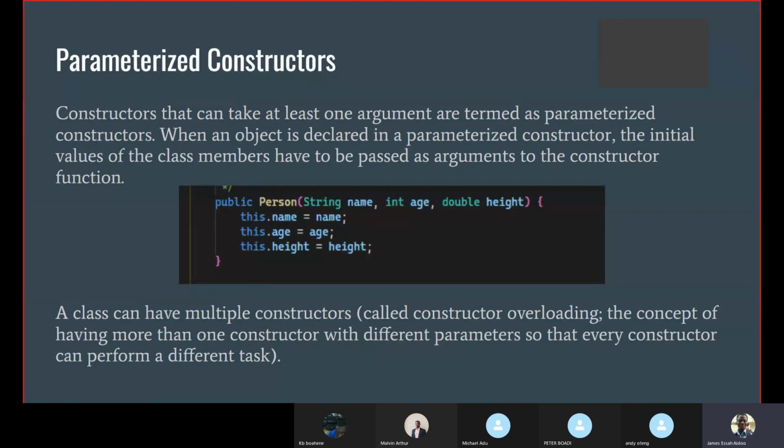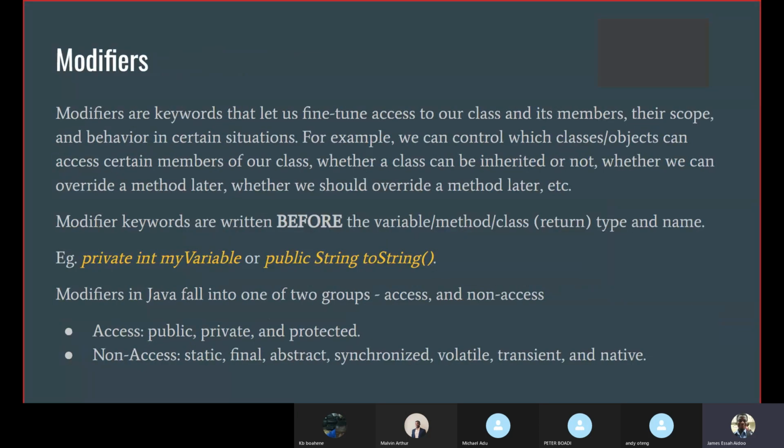We will look into the details of some of these things in subsequent sessions. The next and last bit to look at is what we call modifiers. Modifiers are just special keywords, and they let us fine-tune the access to the members of our class and even the class itself. It helps us control which members of our class, or even the class itself, can be inherited or not.